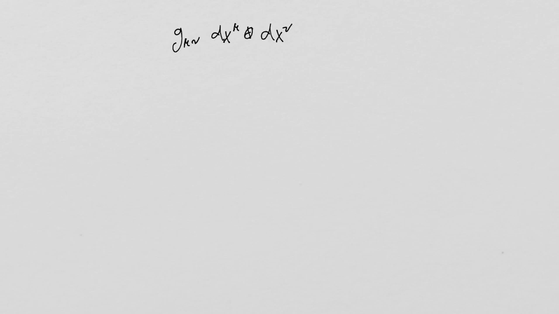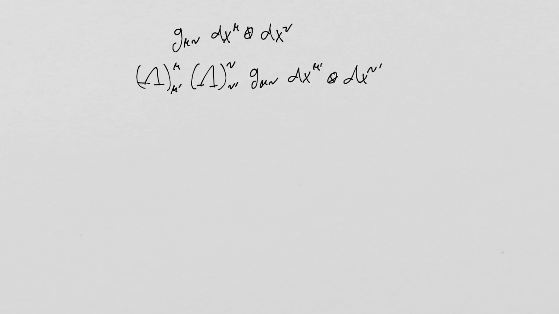We know that that's going to transform covariantly, with lambda mu prime mu and nu prime nu, and then this will be G mu nu, and then I'll just go dx mu prime tensor product dx nu prime, where the contravariant transformations are buried in here, right?